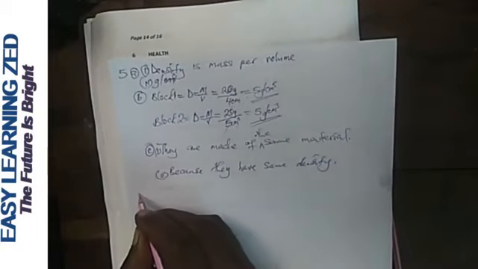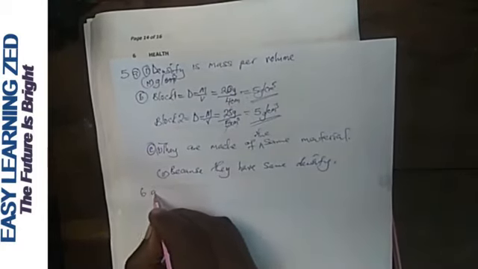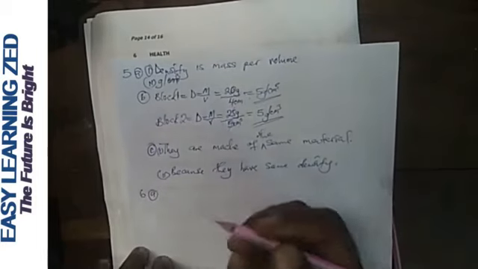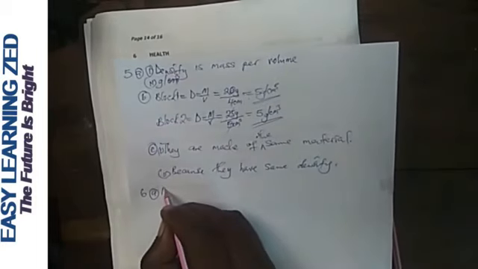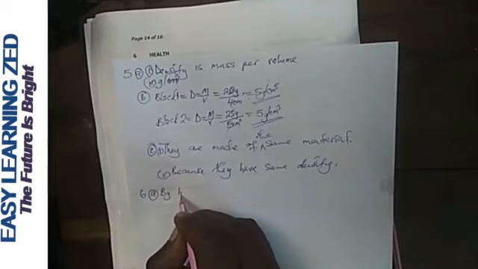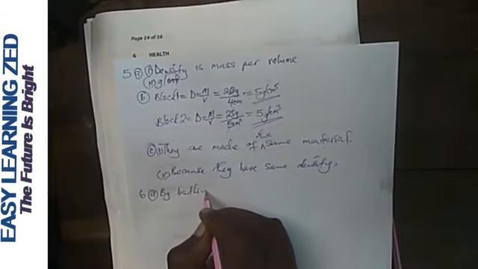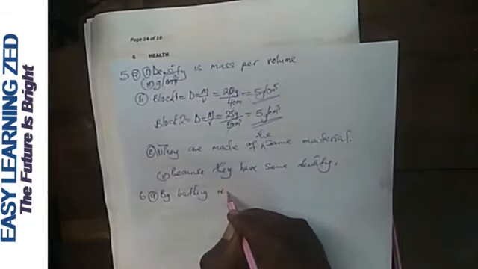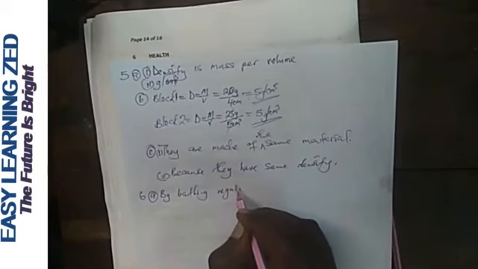Let me write 6 here first, then A. One way is by bathing regularly.